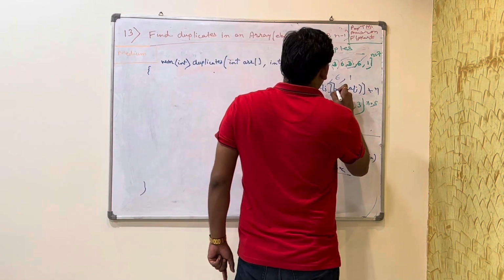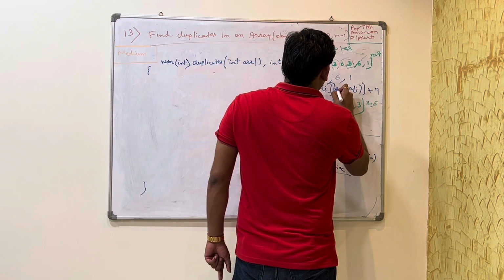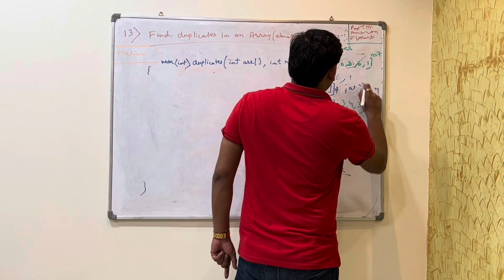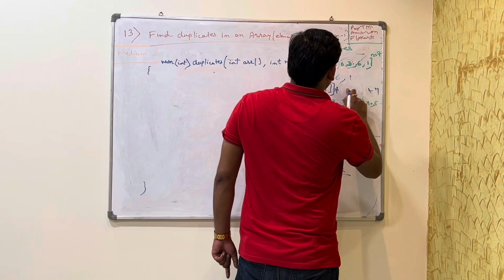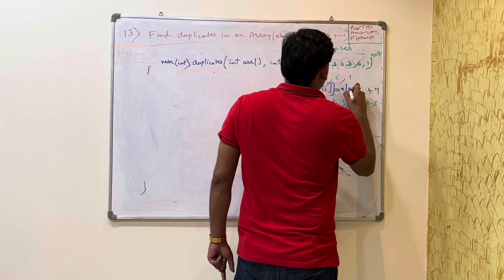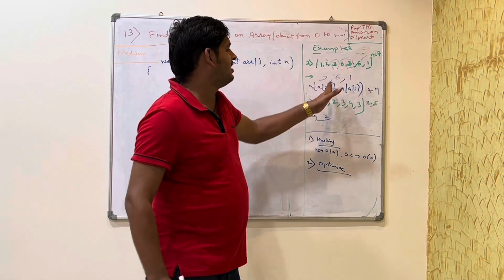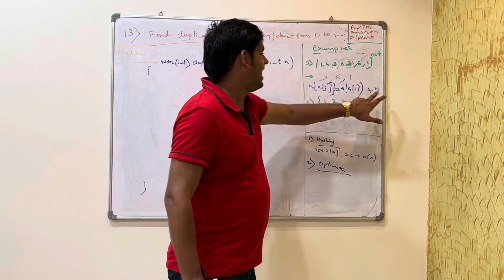So what will we do? Whatever the value is there, we will be adding the same values, the previous value, because it will be added again. So already the value of A3 would have increased the first time, the n plus A3.